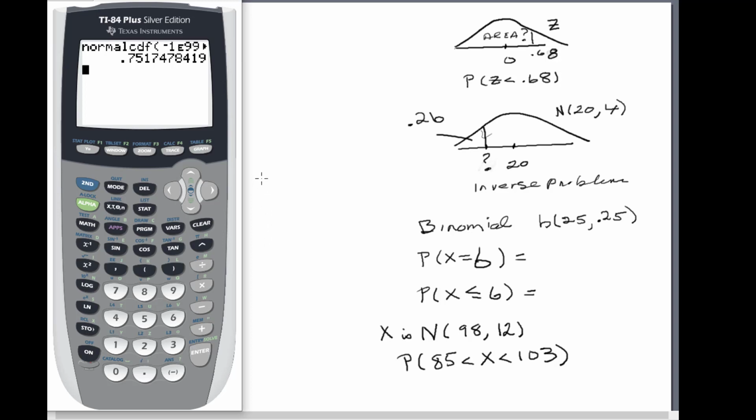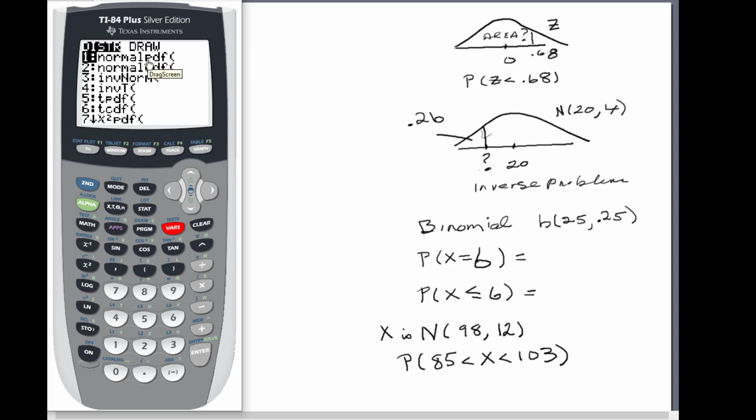The program we want to use here would be the normal CDF. I would get the normal CDF if I go to the distribution in blue right here above the vars key. That's blue, so I have to push the second and the vars key, and that gives me a menu of possible distributions that I might want to invoke.